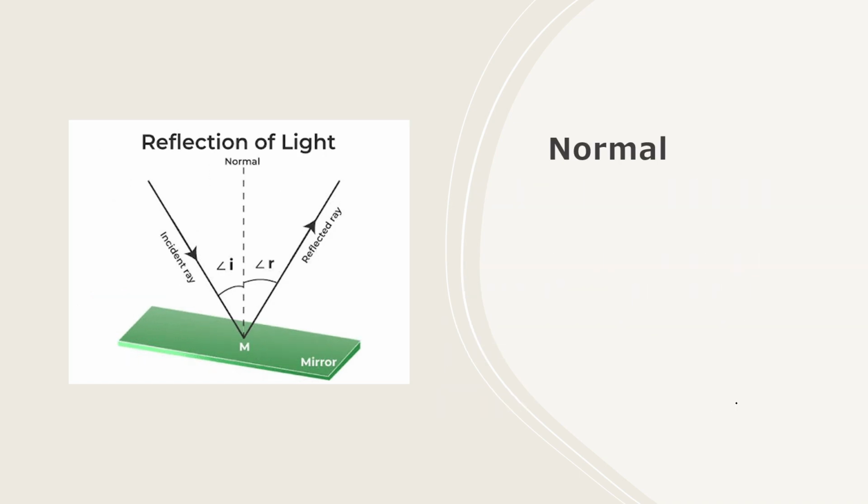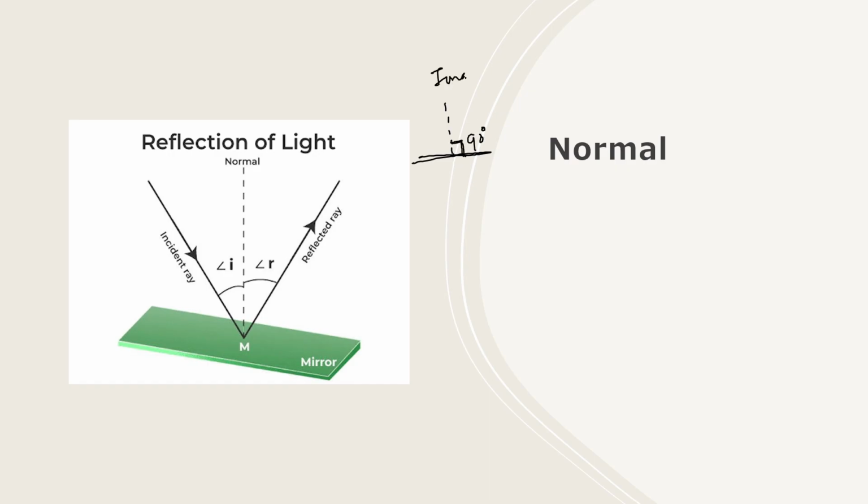Now let's see some important terms related to reflection of light. The first term is normal. As shown in the diagram, it is a dotted, imaginary line which is perpendicular to the surface. When you draw a dotted line which is perpendicular, this angle is 90 degrees.